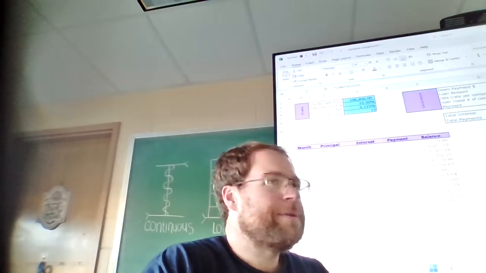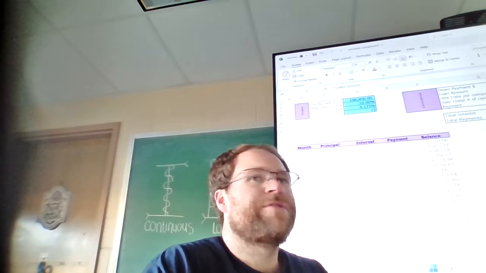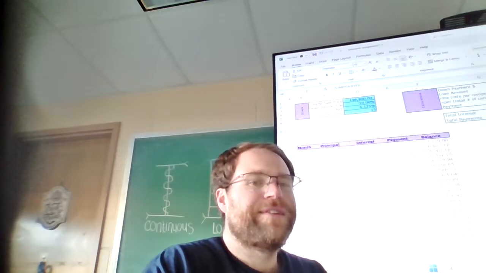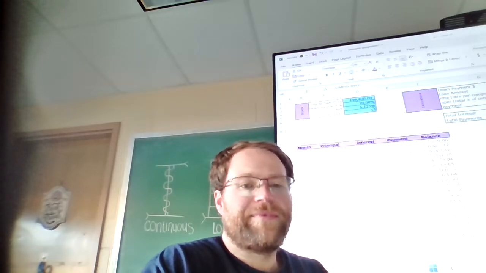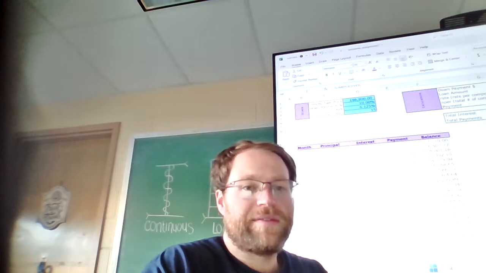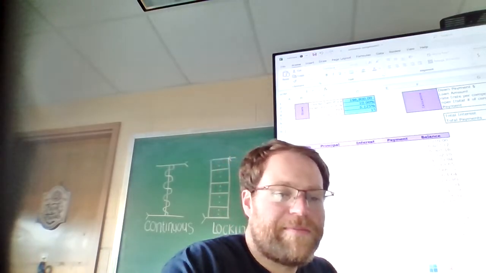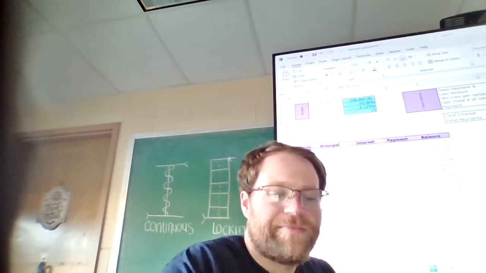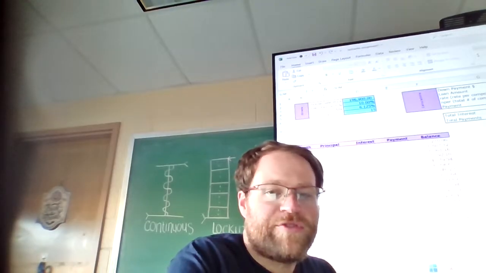So altogether, you're going to be paying $94,000 plus interest across this loan. And then the total payment, same thing, equals the sum of which column now?